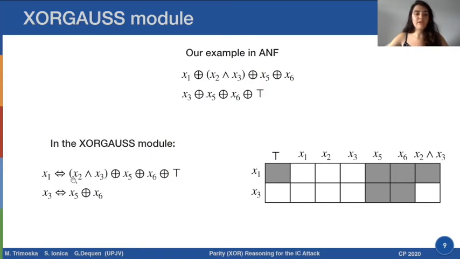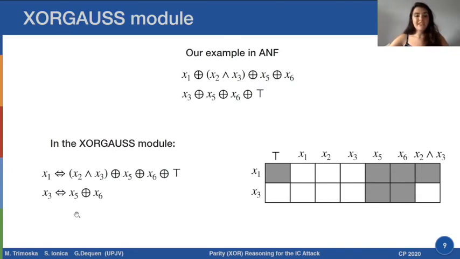We say that x1 is equivalent to the rest of the clause, keeping in mind that we should flip the constant. So now each occurrence of x1 in the following clauses should be replaced by the right side of the equivalency. Here we don't have such an example. When we finish the first clause, then we do the same with the next clause and the next and so on, so we get this minimized system.